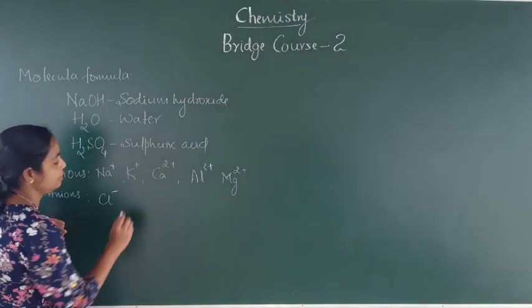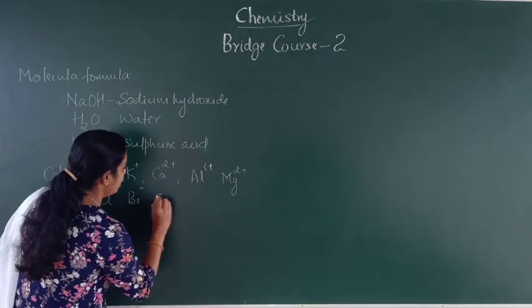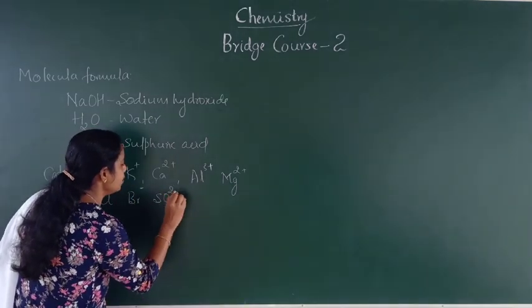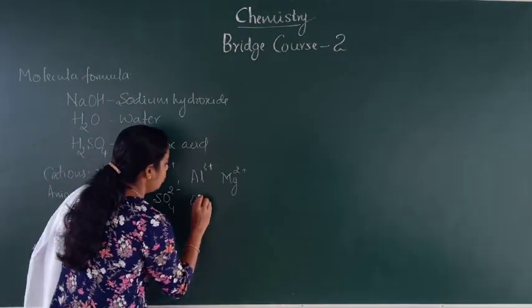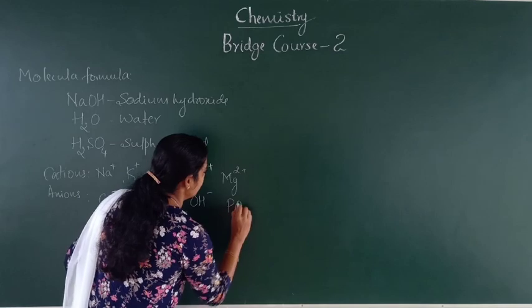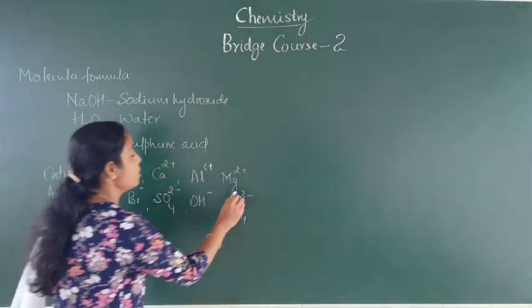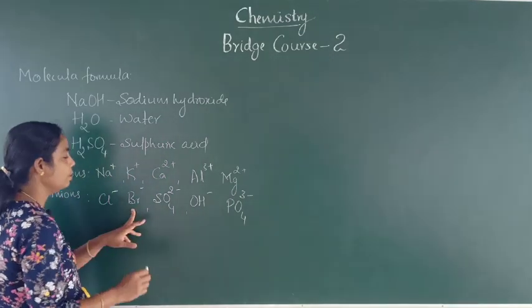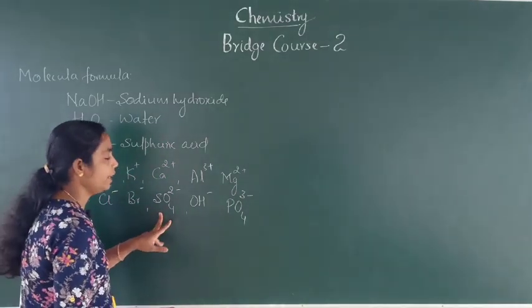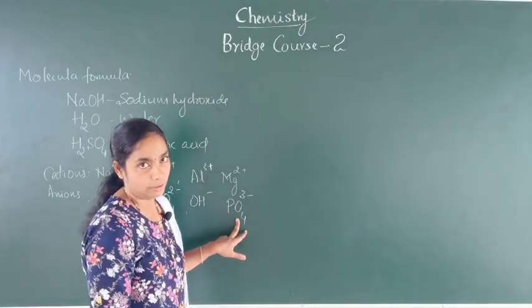Cl- ion, Br- ion, SO4 2- ion, OH- ion, PO4 3- ion. It is called phosphate ion. Chloride ion, bromide ion, sulfate ion, hydroxyl ion and phosphate ion.